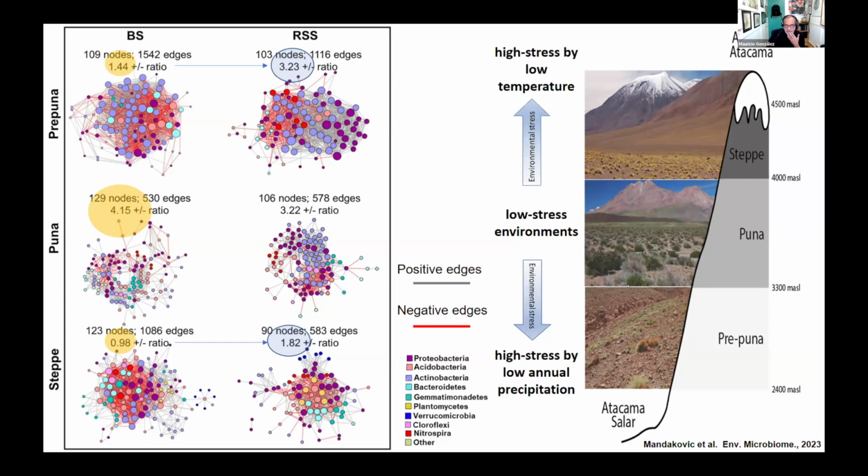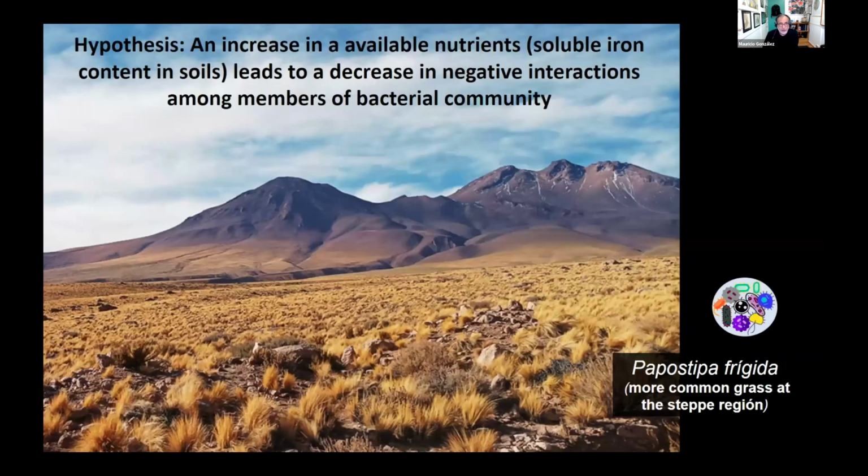In addition, we know that the higher vegetation coverage in puna could provide higher nutrient content, which likely tends to produce more positive or less negative interaction. Considering that, we evaluated this possibility using only one plant, in this case to evaluate the effect of iron supplementation on the proportion of negative interaction in the bacterial community.